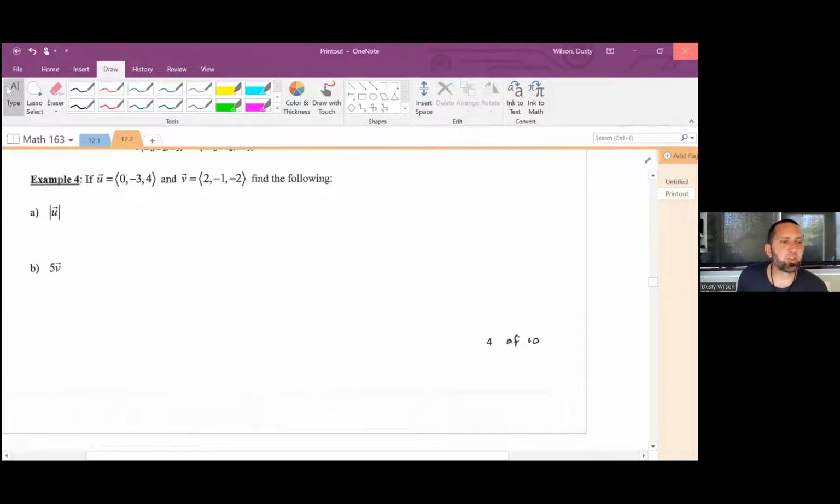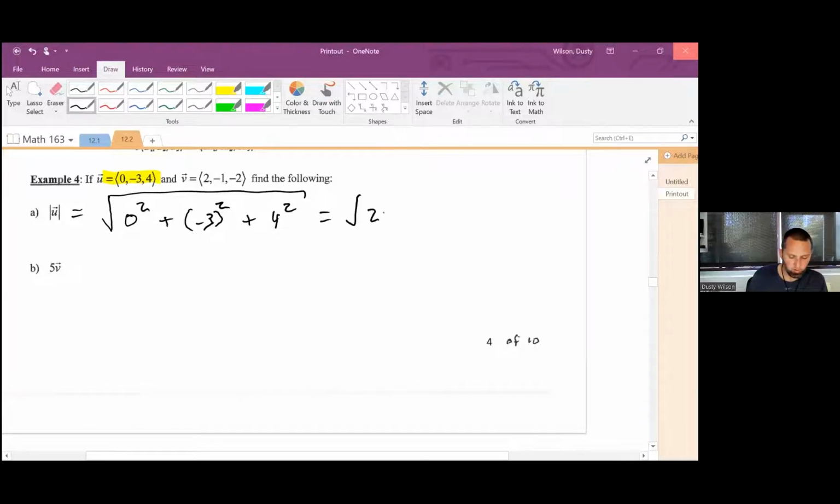If U is equal to 0, negative 3, 4, and V is equal to 2, negative 1, negative 2, find the following. This is example 4. So if I want to find the magnitude of the vector, I'm just going to use the distance formula. So looking at vector U, I can find 0 squared plus negative 3 squared plus 4 squared, which would be root 25, or just 5.